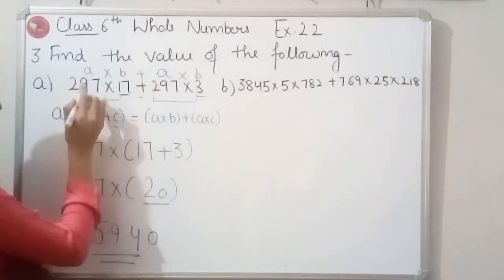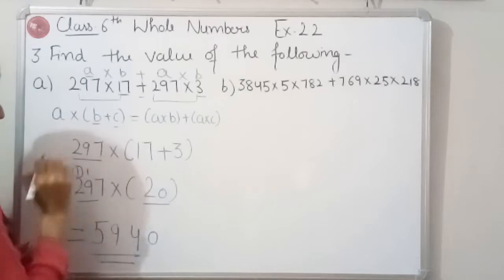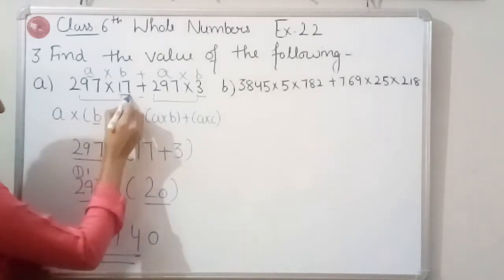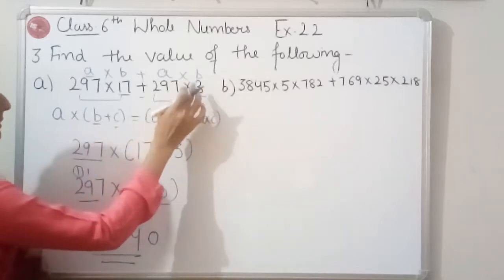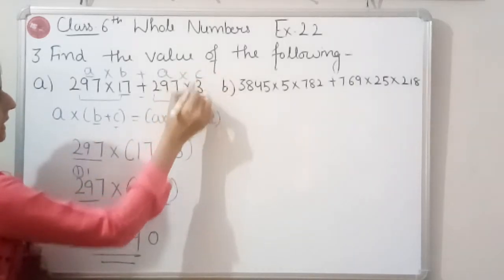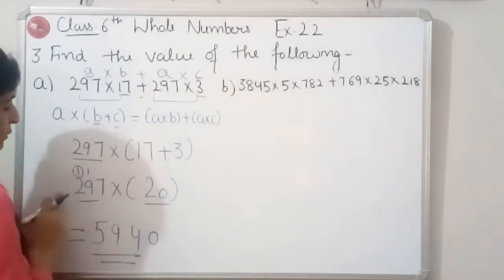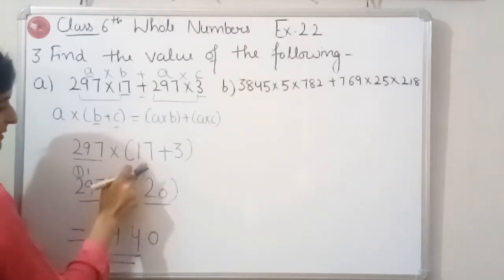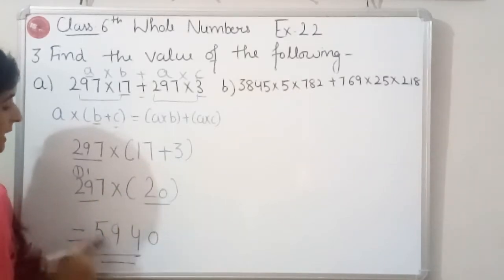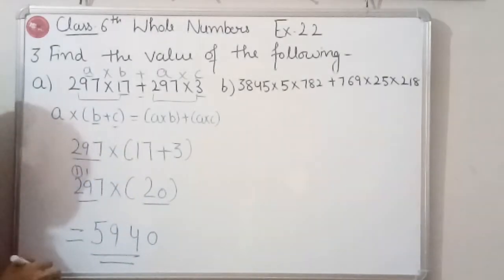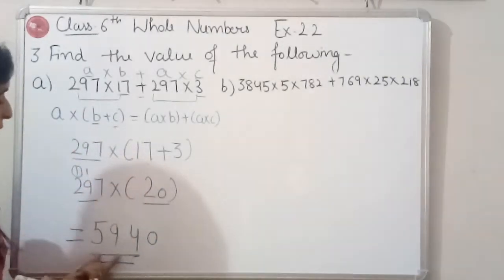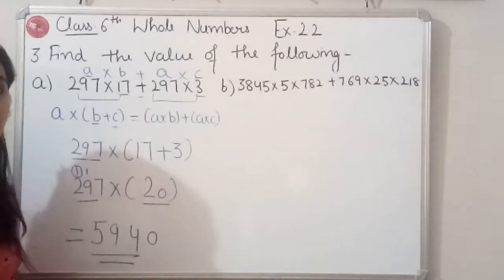What is A here? A is 297. What is B? B is 17. What is C? C is 3. So 297 multiplied by 17 plus 3, that is 297 multiplied by 20, is 5940. So this is the answer of part A.